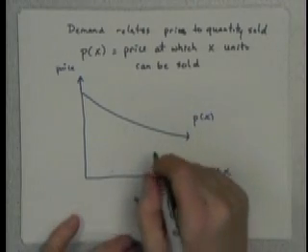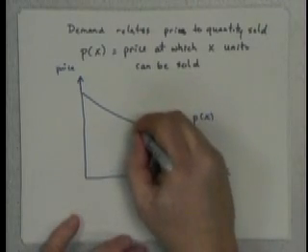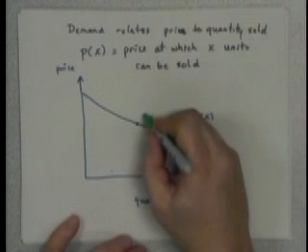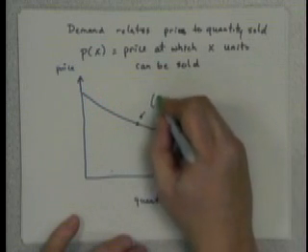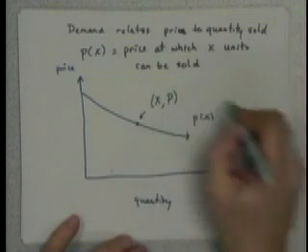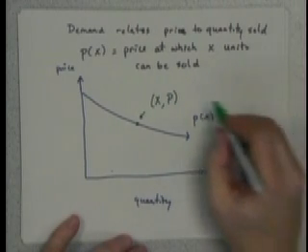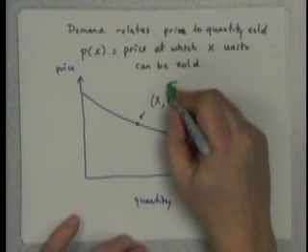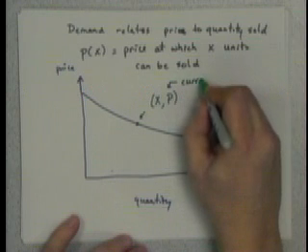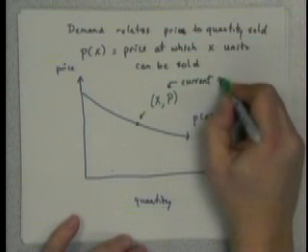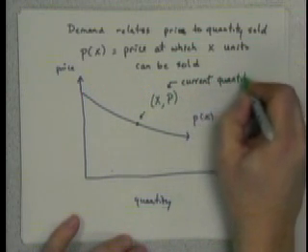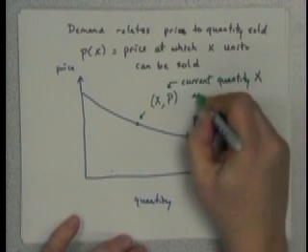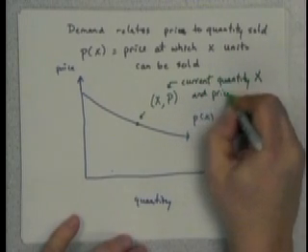Now, say currently, this is the price and quantity, while your book uses capitals for some fixed value. So this is current quantity, capital X, and price, capital P.